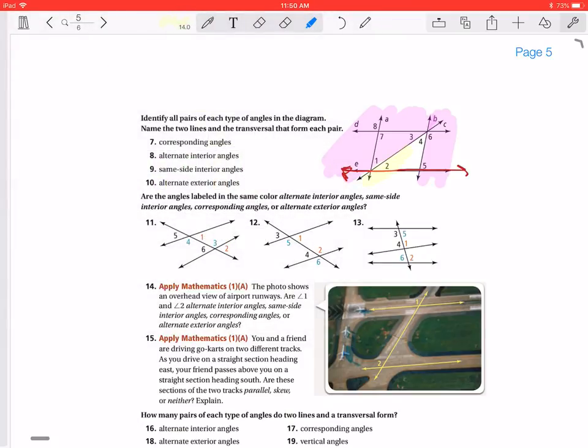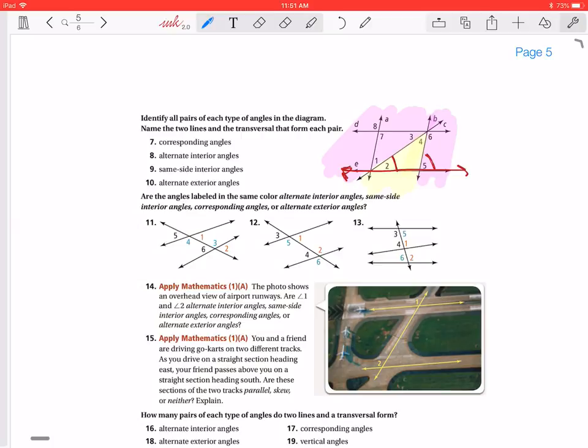This is also your interior in here. You can have transversals that look like this. In that case, we have 2 and 5 as corresponding angles.